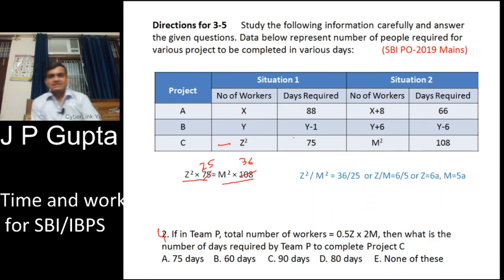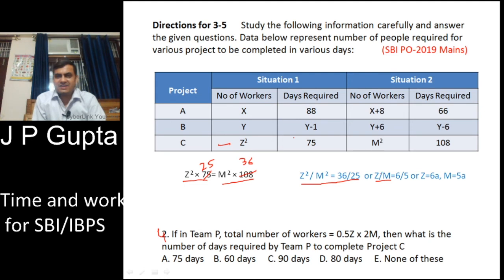Now can we say that if we divide by M square, 25 will be divided by 36. So Z square upon M square is 36 by 25. Or if you take the square root on both sides, it will be Z by M equal to 6 by 5.